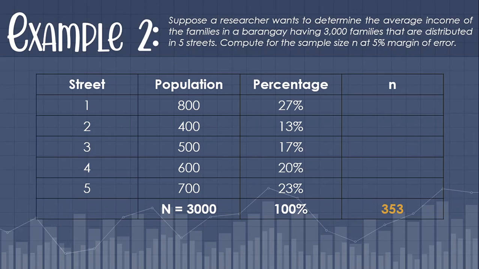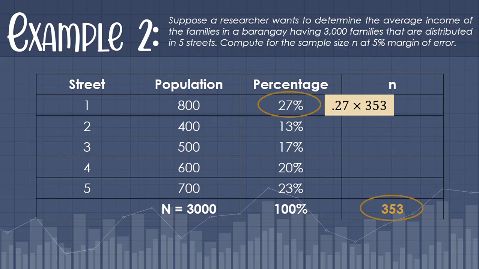Now that we have the percentage, we can now determine the sample size for each street with respect to its population. Now, how can we get lowercase n, or sample size, for street 1? Our next step is to multiply the percentage for street 1 by the total sample size, which is 353. So we have 0.27 times 353.